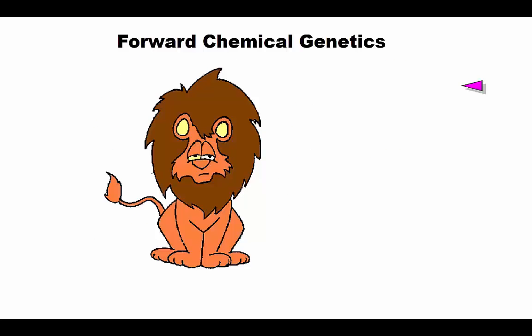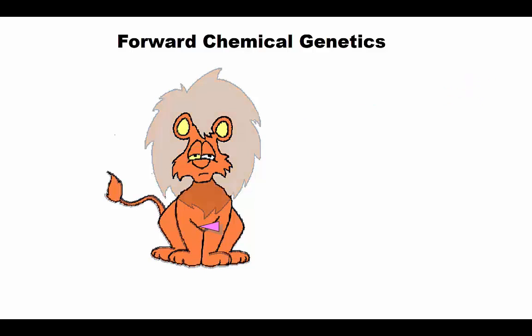Okay, in forward chemical genetics, we said we start with the phenotypic screening, and then we treat with the chemical tools. So this small molecule can go inside the body and induce some kind of phenotypic changes.